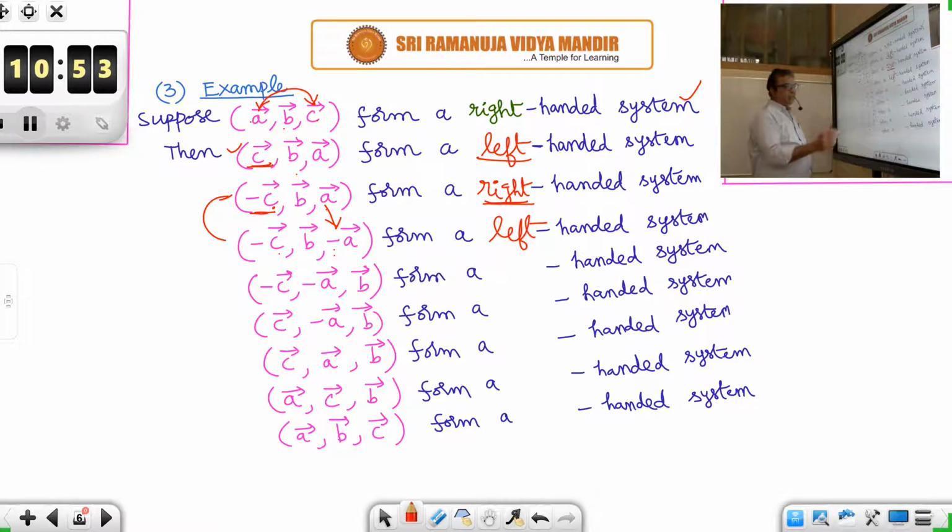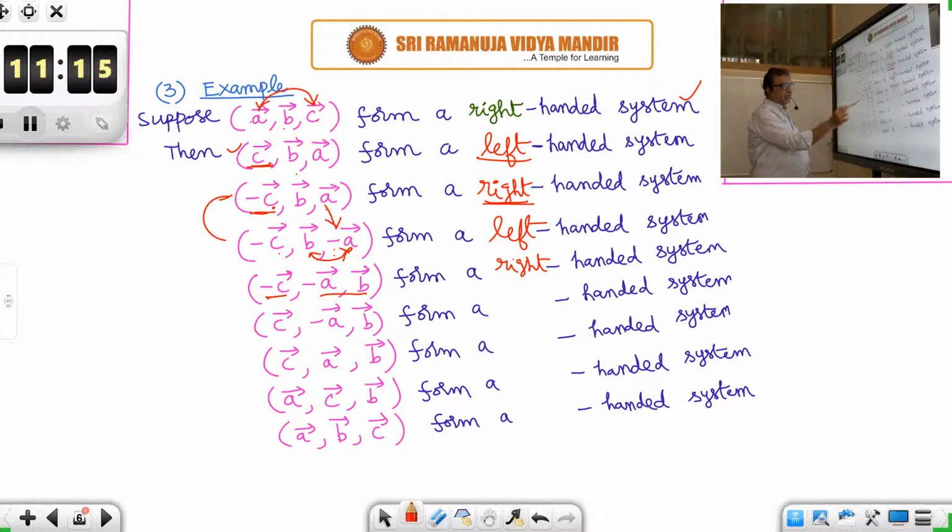Next, what am I doing? These two vectors I am interchanging. Minus C bar has no change in place, but minus A bar and B bar are changing their places. Then the system will change. Now it is a right-handed system. Afterwards, what am I doing?